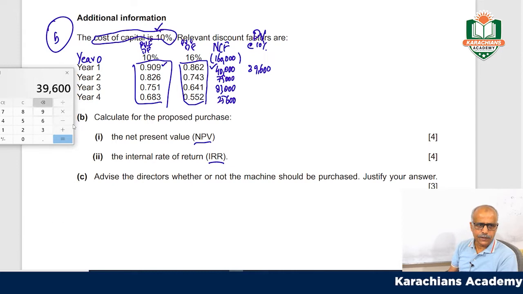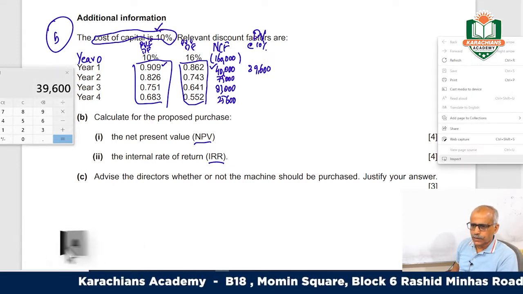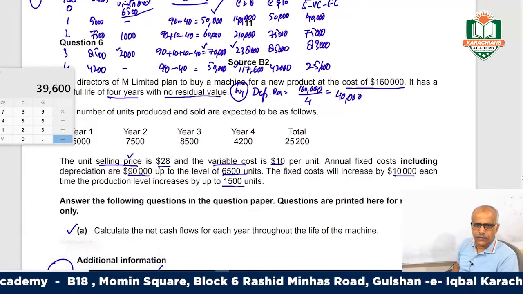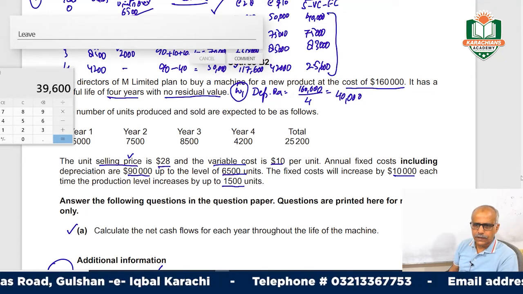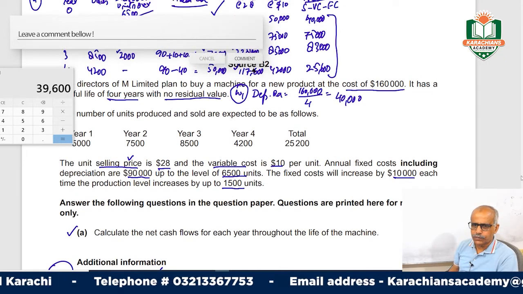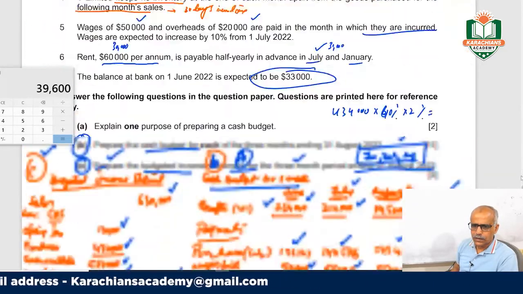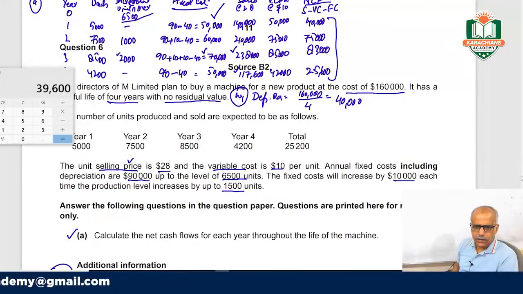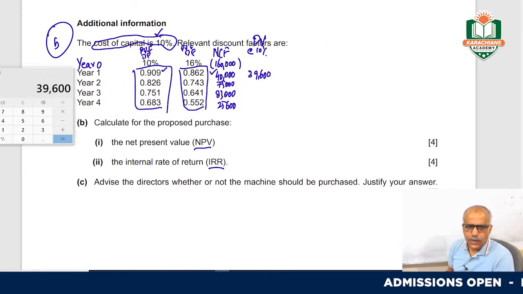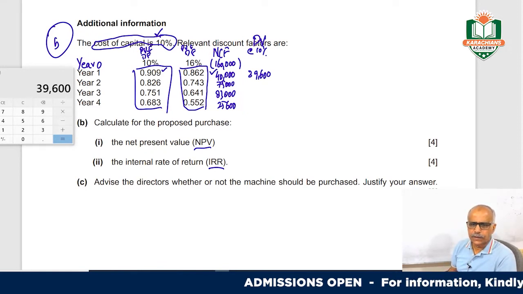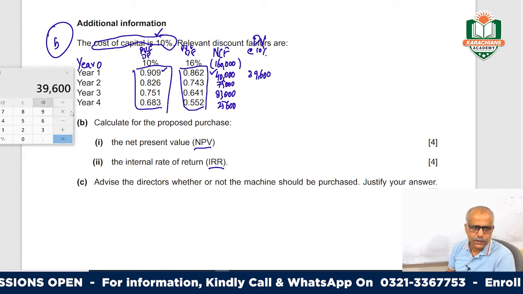Let me check how much was our cash flow. 40,000, 75,000, 83,000 and 25,600. This was your cash flow. Okay, no problem.